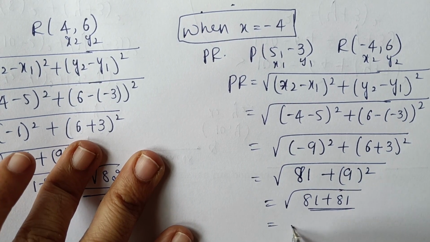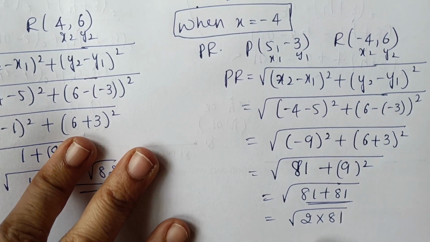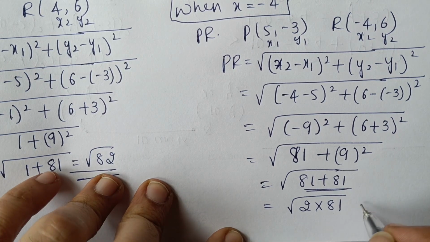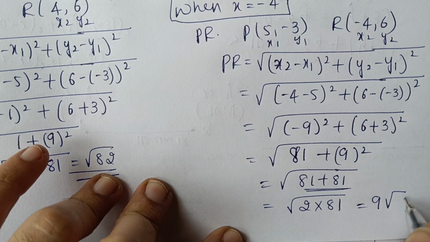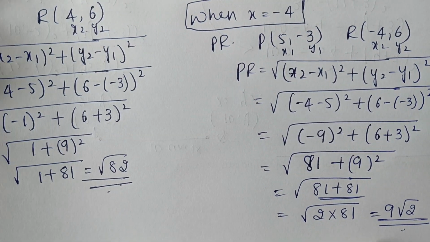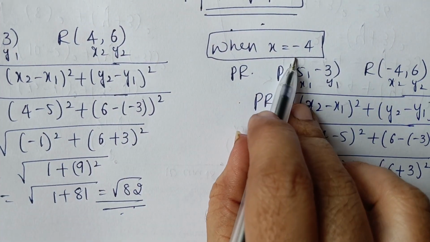See, this we can write as 2 into 81, that is twice 81, and the square root of 81 is 9, so 9 root 2. Okay, so we get the value 9 root 2 for PR when x is equal to minus 4.